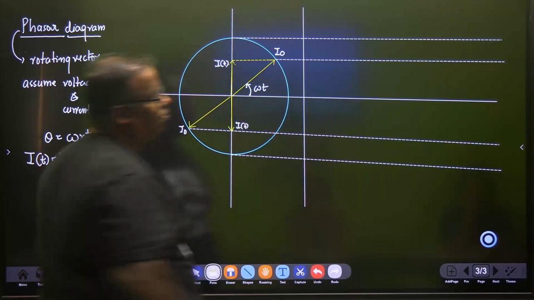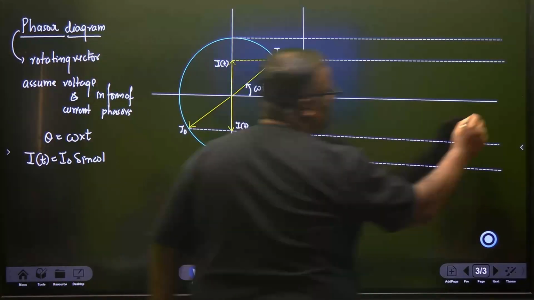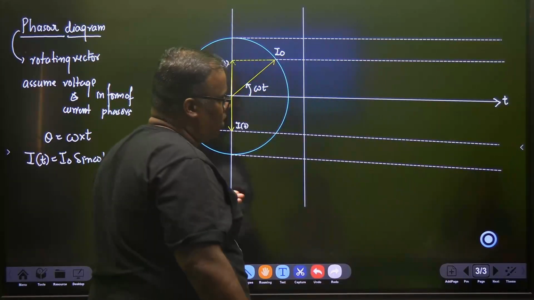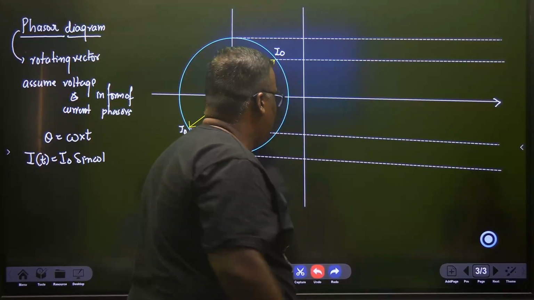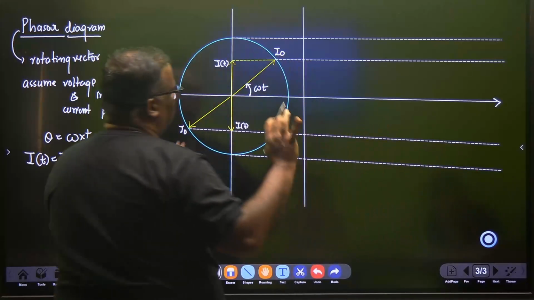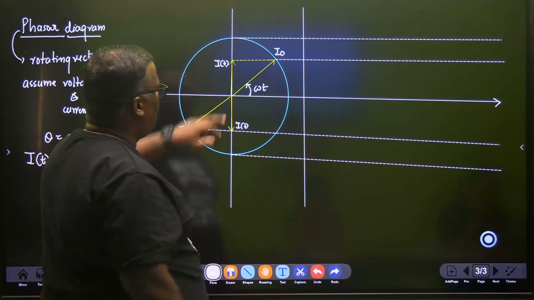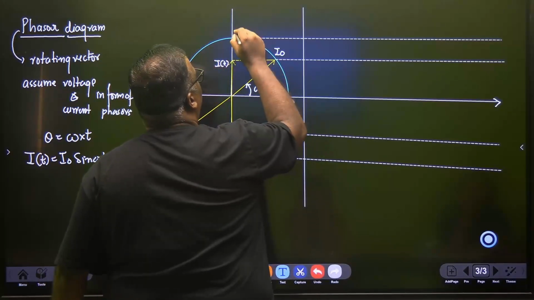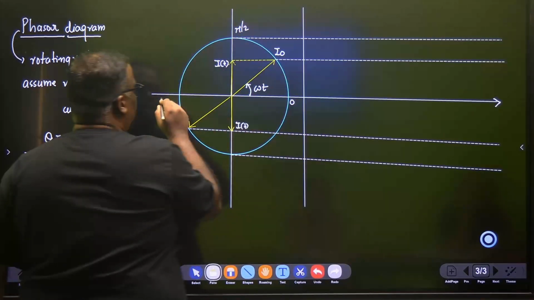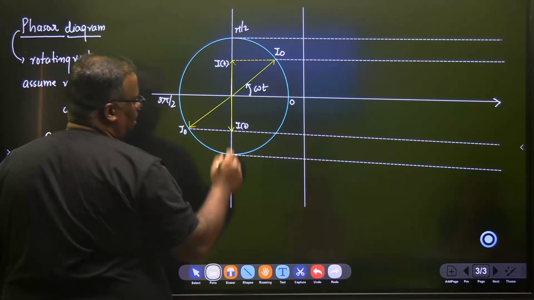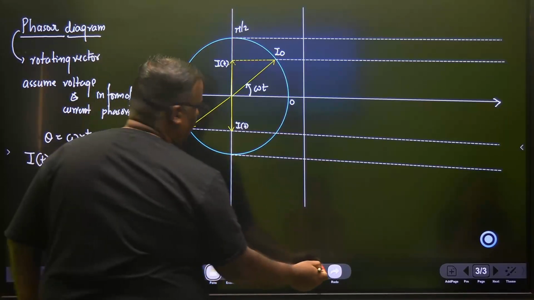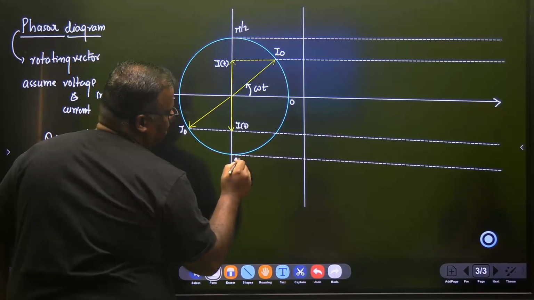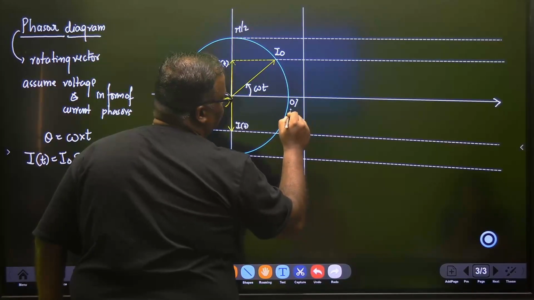I at some instance of time t. And this is how t is going. If you get confused, let's say that's the angle, and we can see t on this part also. So let's find out. When you are at 0, so this is your 0 degree, this is your pi by 2, this is your pi, this is 3 pi by 2, and you are back to 2 pi.